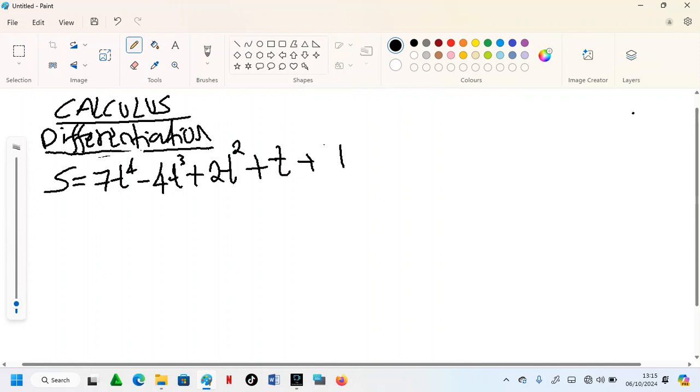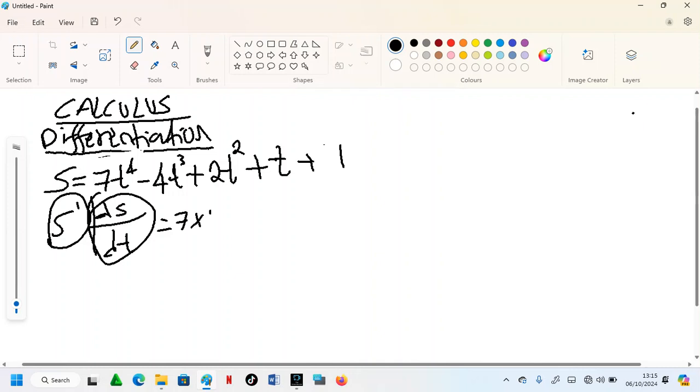So we can say ds dt, or we just say s prime, or just ds dt. And of course, I have to say that you do not have to use both of them. Just one is enough. So it's equal to, so we drop the 4, so it's going to be 7 times 4 t, and then it is going to be 4 minus 1. You drop the power and you subtract 1 from the power. That is the procedure.